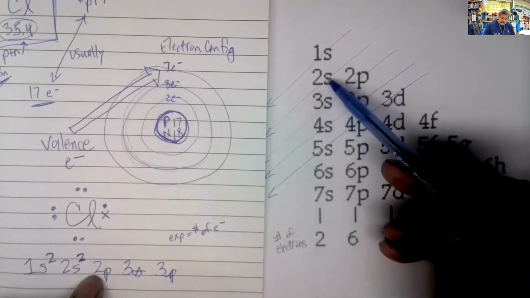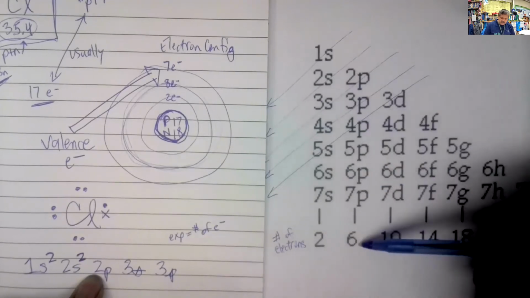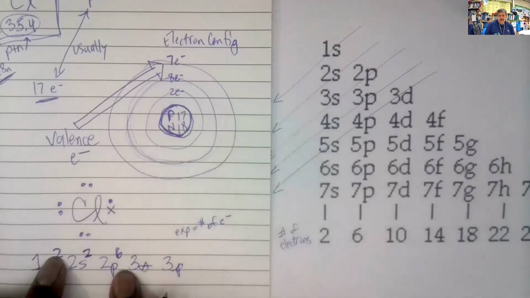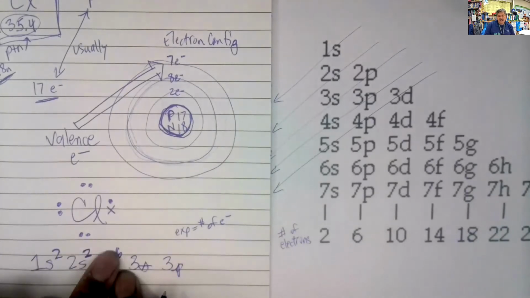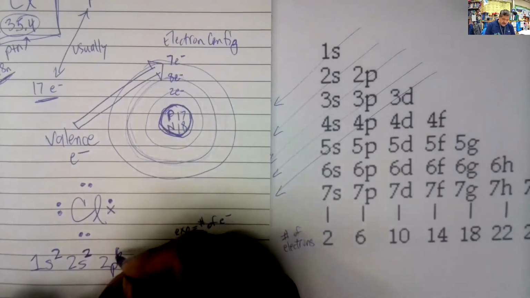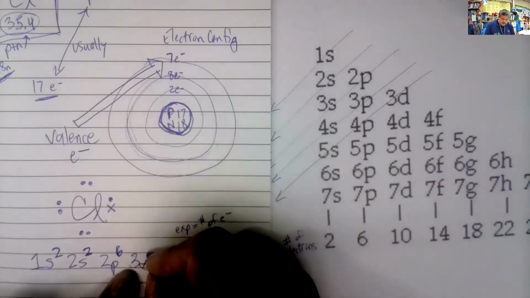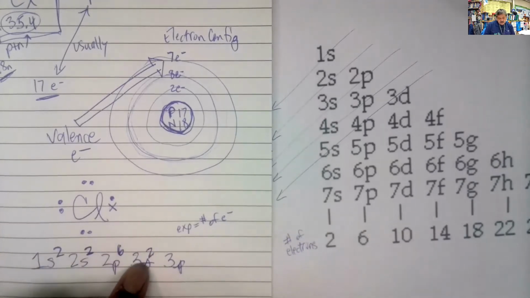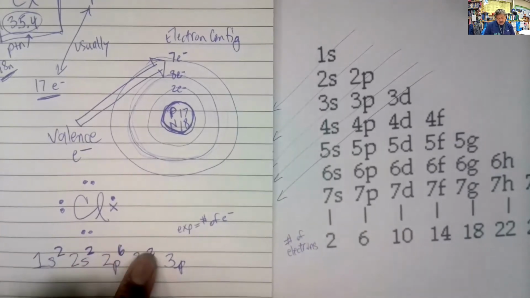Okay, then I go to 2p. 2p can hold 6. So I'll put a 6 there, add them up. 2 plus 2 is 4, 4 plus 6 is 10. Got 7 left. So next I have the 3s. S's hold 2. So I'll put a 2 there. That's 10 plus 2 is 12.